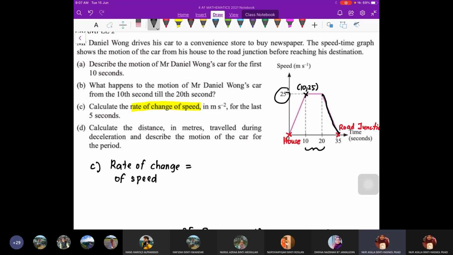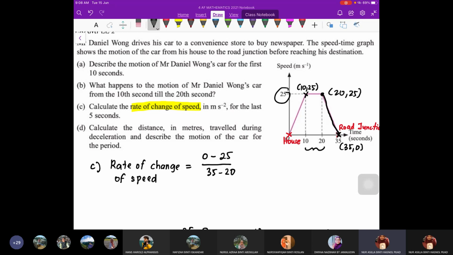So you must take the one that arrives. Meaning you cannot choose, you have to take Y2 first. Here, my Y2 is 35, 0 and X1, Y1 is 20, 25. So it is 0 minus 25 over 35 minus 20. It must be Y2 minus Y1. So for Y2 and Y1 you cannot choose either, you have to follow.